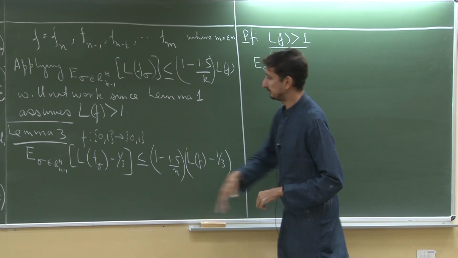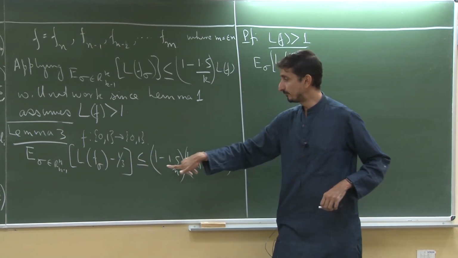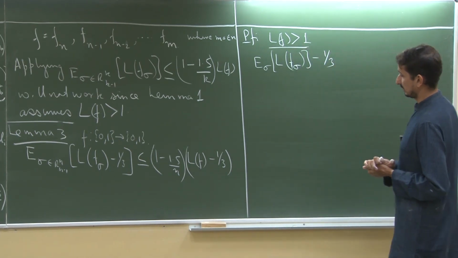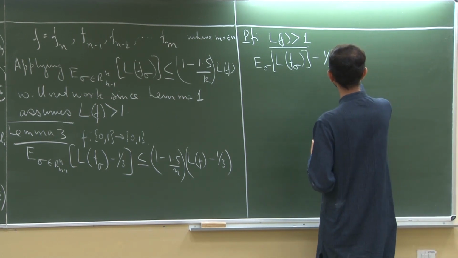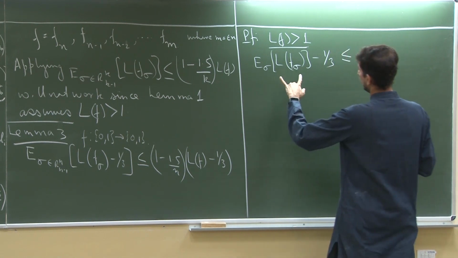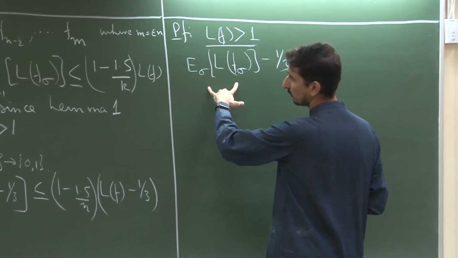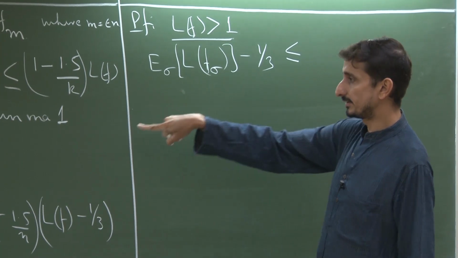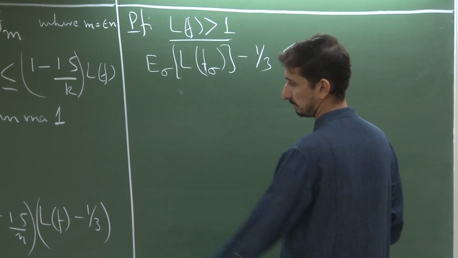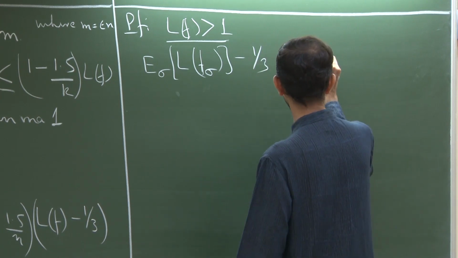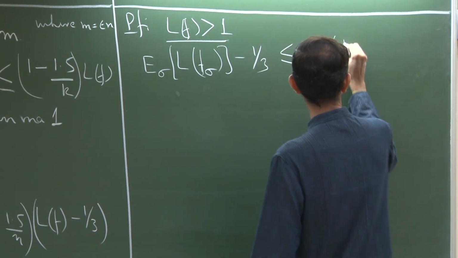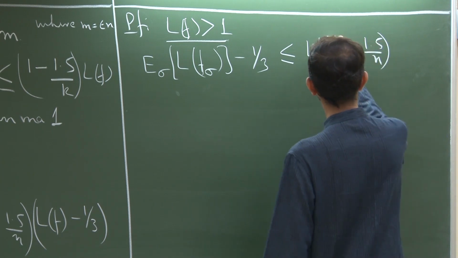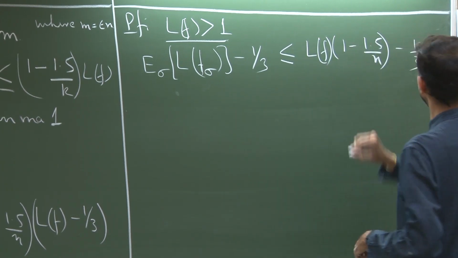Now, this is a difference of 2 quantities, so I can write this as the expectation of L of f sigma, taking the 1/3 outside the expectation, minus 1/3, which is less than or equal to, by lemma 1 we know that if L of f is greater than 1, this quantity is bounded by L of f into 1 minus 1.5 over n, and I have a minus 1/3.